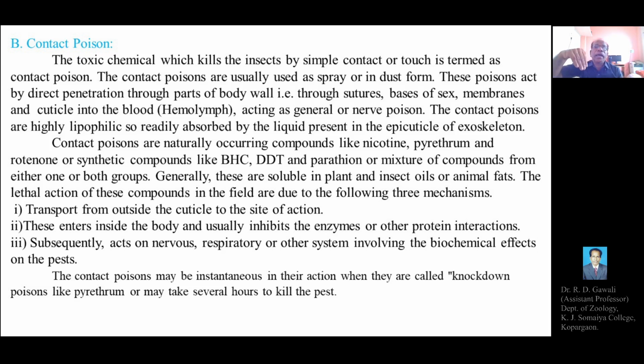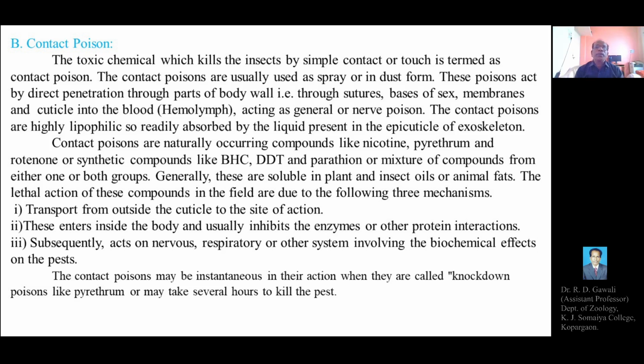So the contact poisons penetrate directly through exposed parts of the body of the insect pest, either through the cuticle or through the sutures, which are junctions or gaps, then the bases of sex organs, membranes, and the cuticle or body wall.